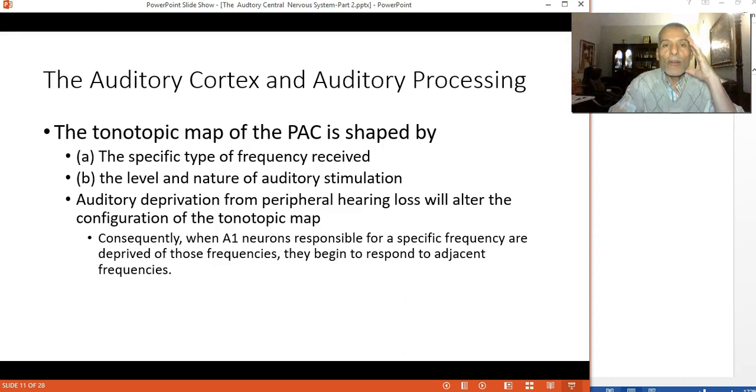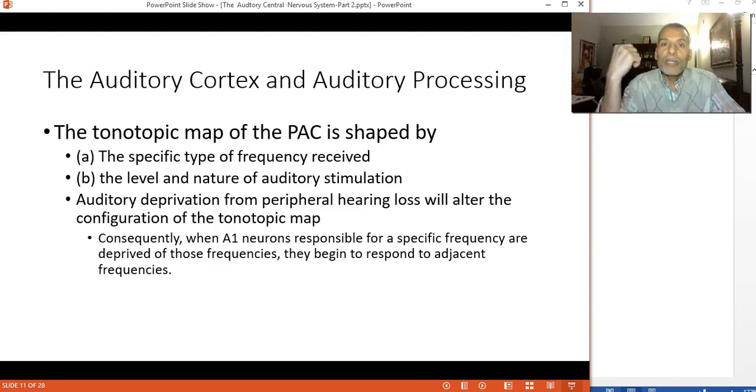So under these circumstances, the core area of the auditory cortex, A1, the neurons in it that are specialized in a particular frequency or a particular pitch, then learn to respond to pitches that are not their own.